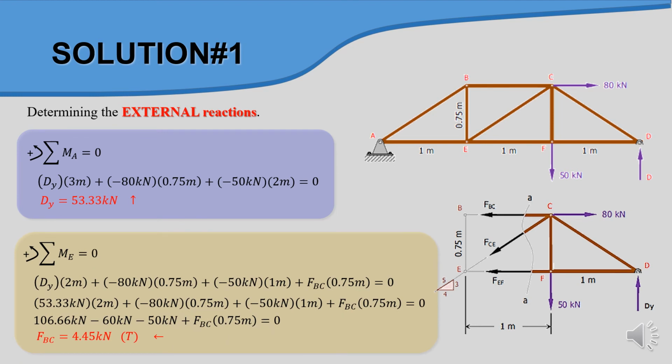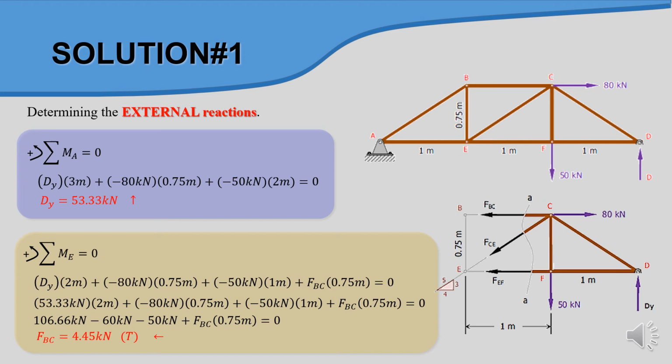And then we will cut the truss in half, and it will produce FBC, FCE, and FEF acting upward from the point. From here we will assume that each member is in tension.